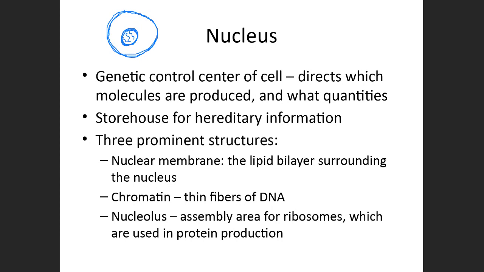And it has some kind of landmarks even inside of it. So if we're looking under the microscope, sometimes you'll see some of these things. So it has this membrane. It has the thin DNA, that's the chromatin, and then sometimes you'll see a dot even inside of the nucleus. That is called the nucleolus, and that makes ribosomes. So we're going to talk about ribosomes in a minute, okay?